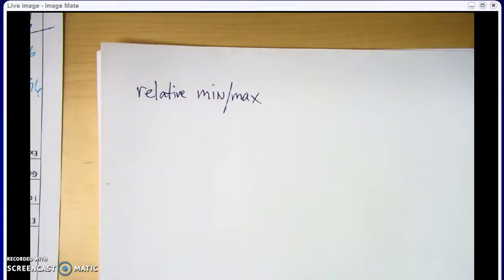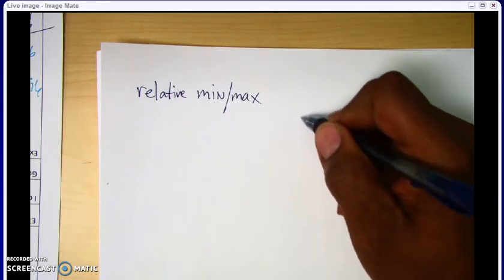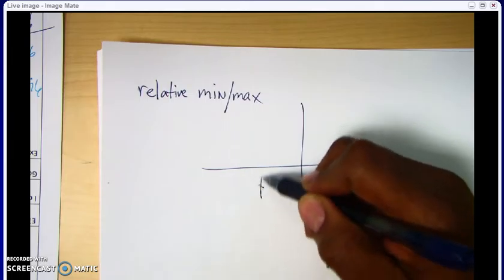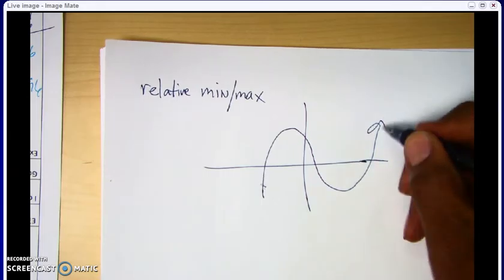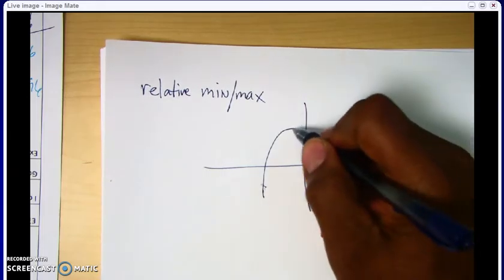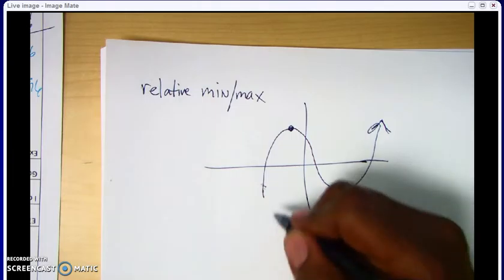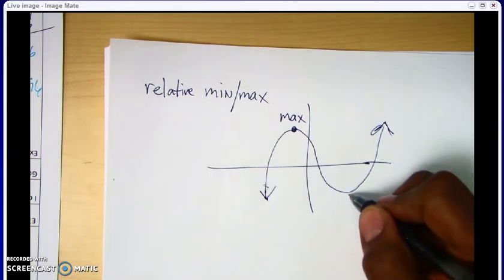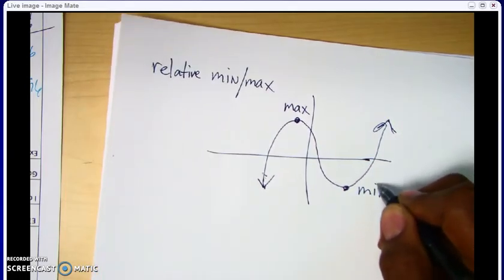Generally, in our exercises, it's probably going to be a cubic, maybe a positive cubic or negative cubic. Let's assume it's a positive cubic, okay? So it's going to go something like this. They're going to give you a graph, and we're talking about relative maximum. We're talking about that high point right there. That's our relative maximum. And on this cubic here, that's going to be our minimum.